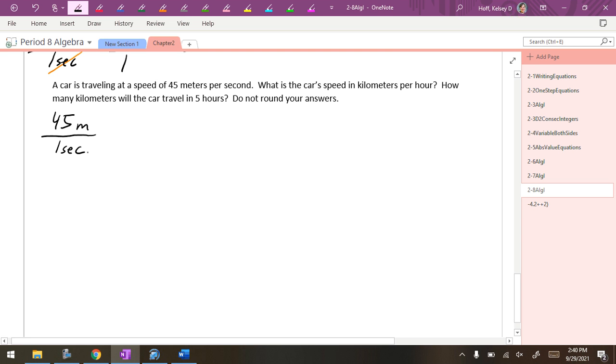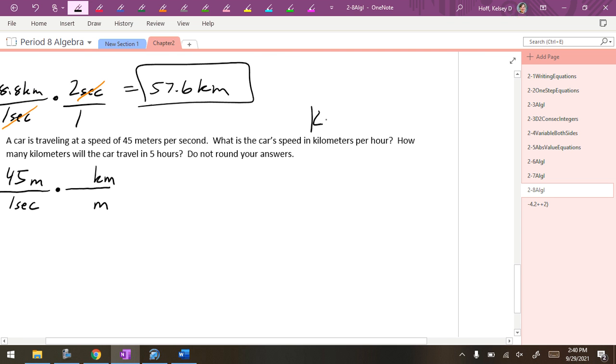One at a time. You want to go meters or seconds first? Meters. Okay? If I want to cancel meters, where should it go? In the bottom. Meters is getting converted to kilometers. How many are in each? You have to know this metric conversion.